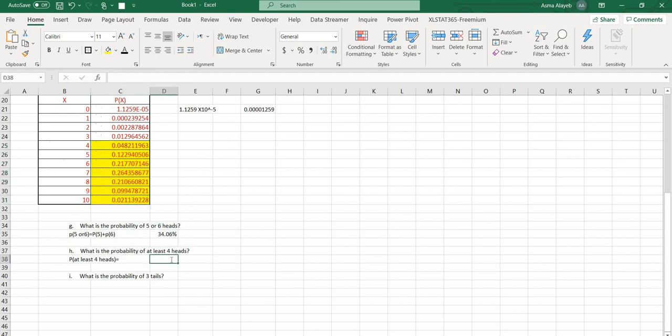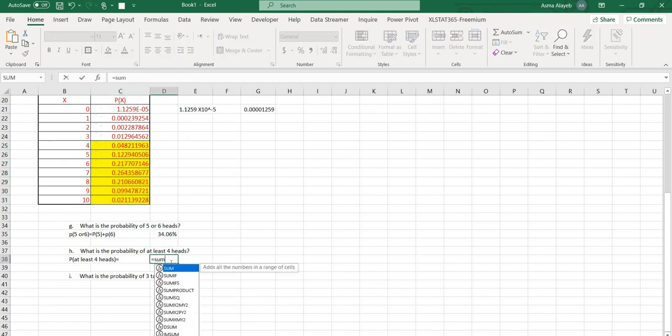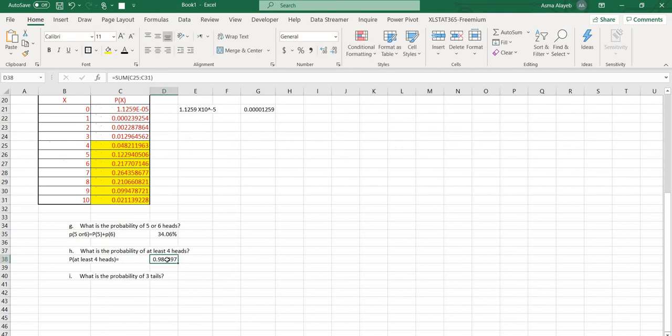So the answer is going to be the sum of all of these probabilities. This is an OR event, so I'm using the addition rule. And because binomial probability distribution events are mutually exclusive, I'm not going to worry about them happening at the same time or double counting. So again, I'm going to turn this into a percentage and then add 2 decimal places to it.